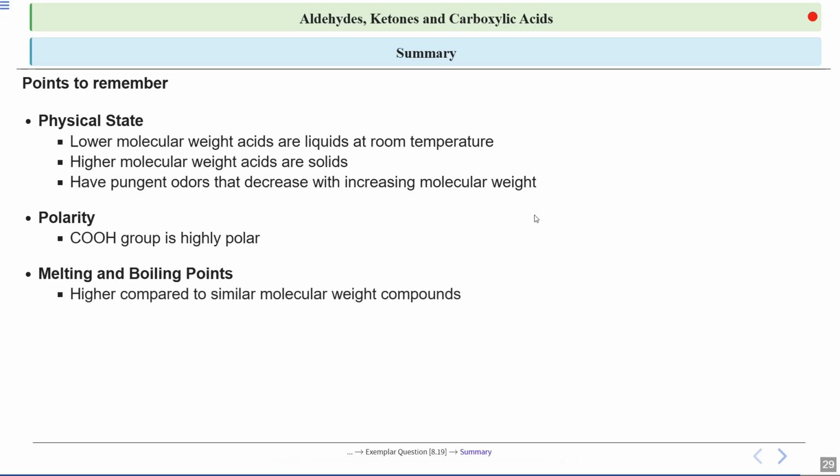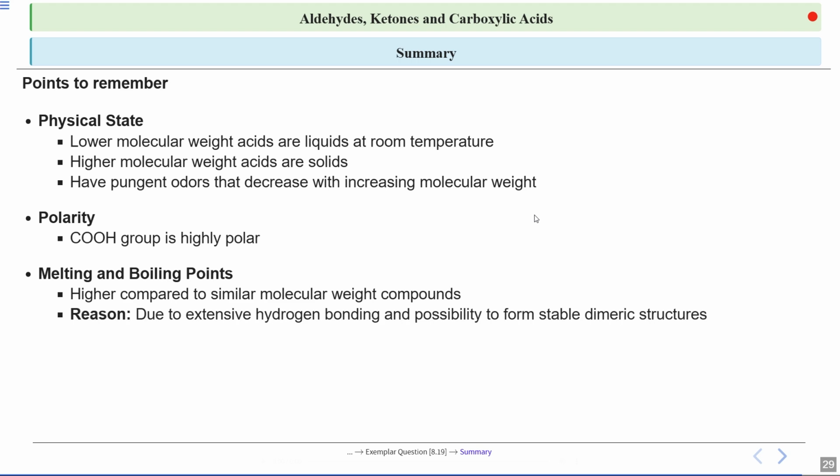This is because of the extensive hydrogen bonding that occurs between molecules. These bonds require more energy to break, which leads to higher melting and boiling points. We also talked about the ability of carboxylic acids to form stable dimeric structures through hydrogen bonding.